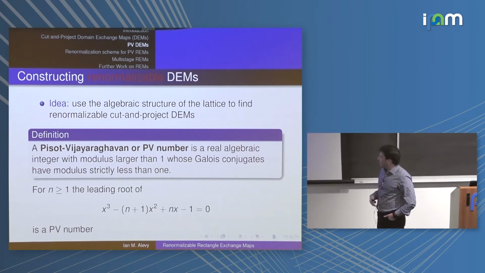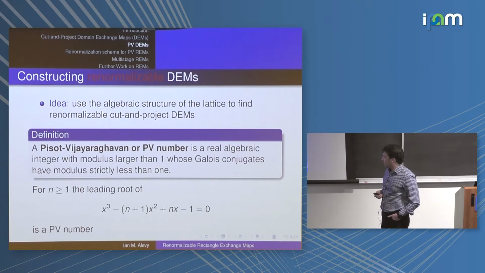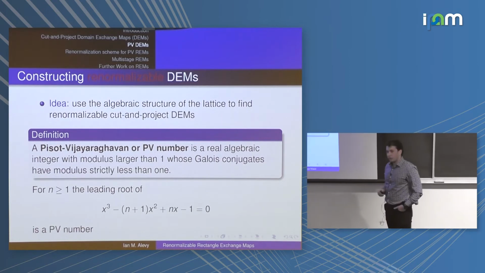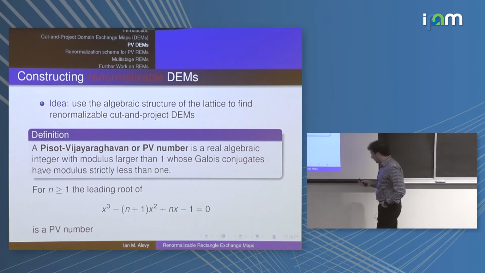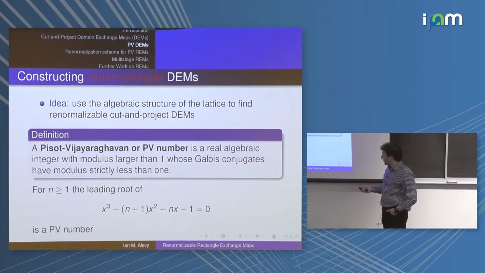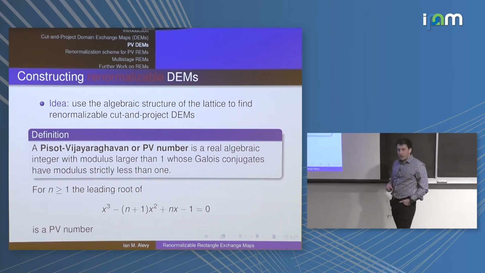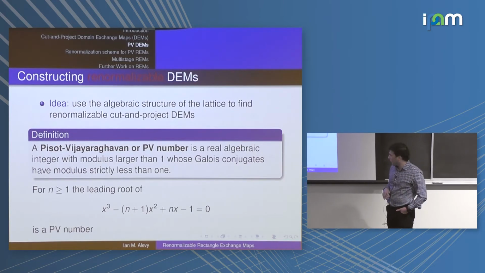A PV number is a real algebraic integer, so just a root of a polynomial, with modulus larger than 1, whose Galois conjugates have modulus strictly less than 1. As an example, you could just take this polynomial here, x cubed minus (n+1) x squared plus nx minus 1 equals 0. And if n is greater than or equal to 1, the leading root is a PV number.